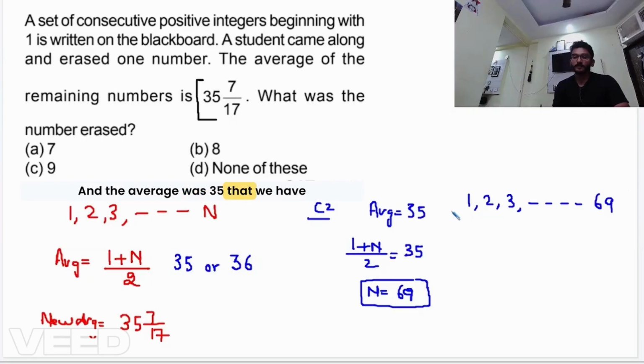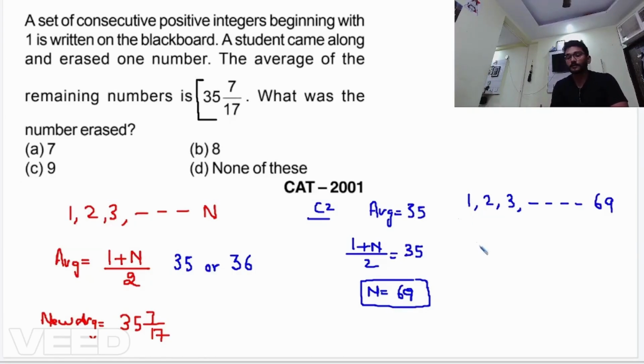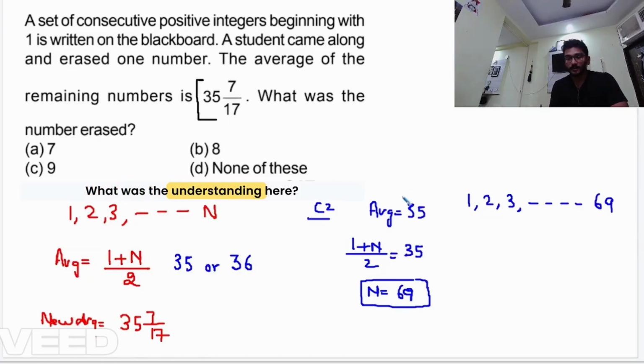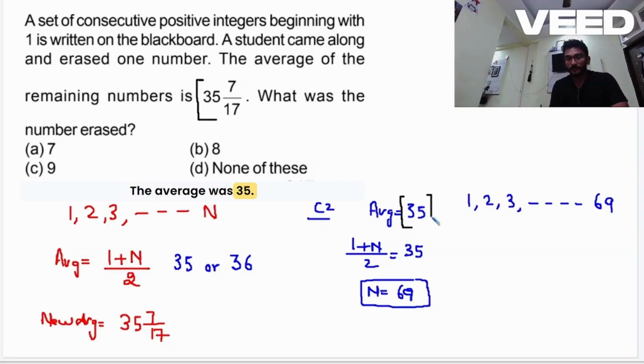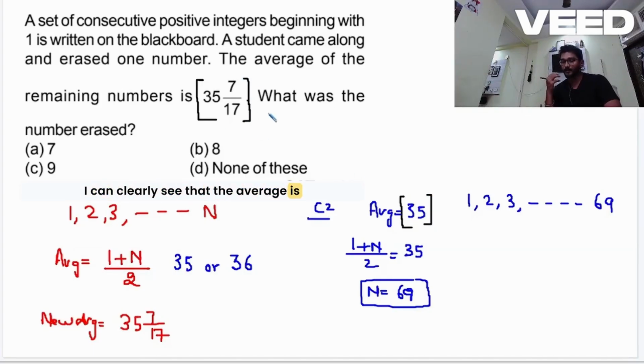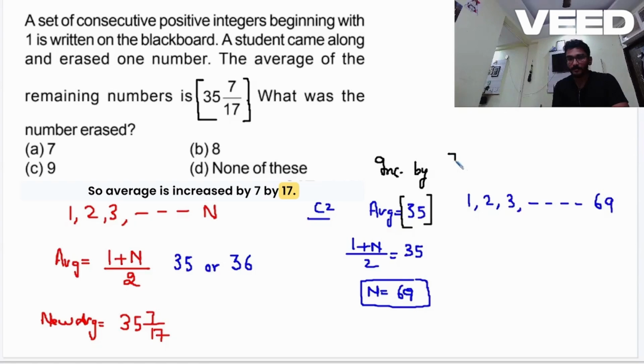And the average was 35 that we have calculated. What was the understanding here? The average was 35, it becomes 35 7 by 17. I can clearly see that the average is increased now. So the average is increased by 7 by 17.